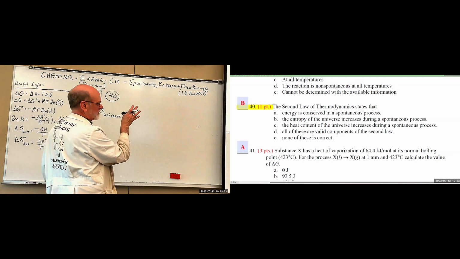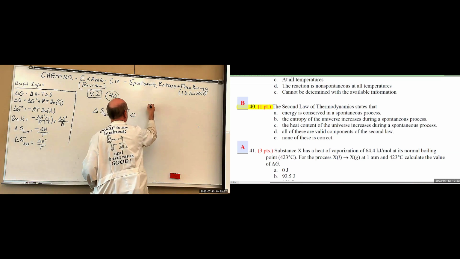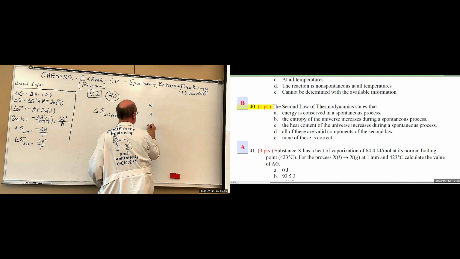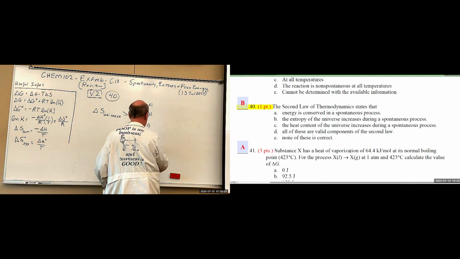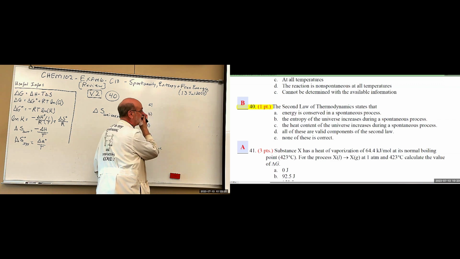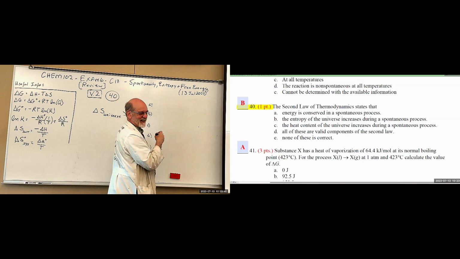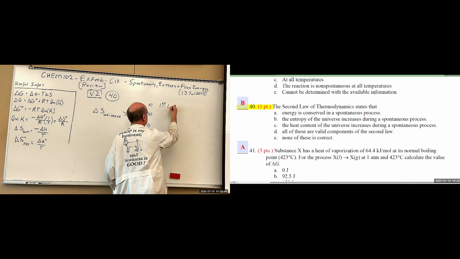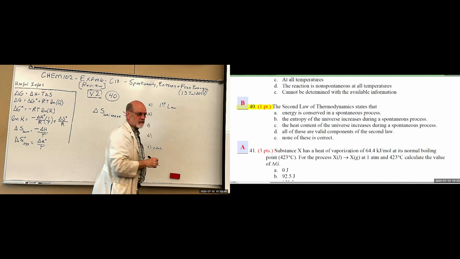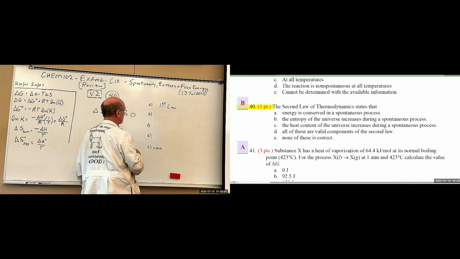But I think these potential answers are worded a little differently. E says none. All right. Energy is conserved in a spontaneous process. What's that one? No, that's the first law. Energy is always conserved in a reaction, in any process, physical or chemical.